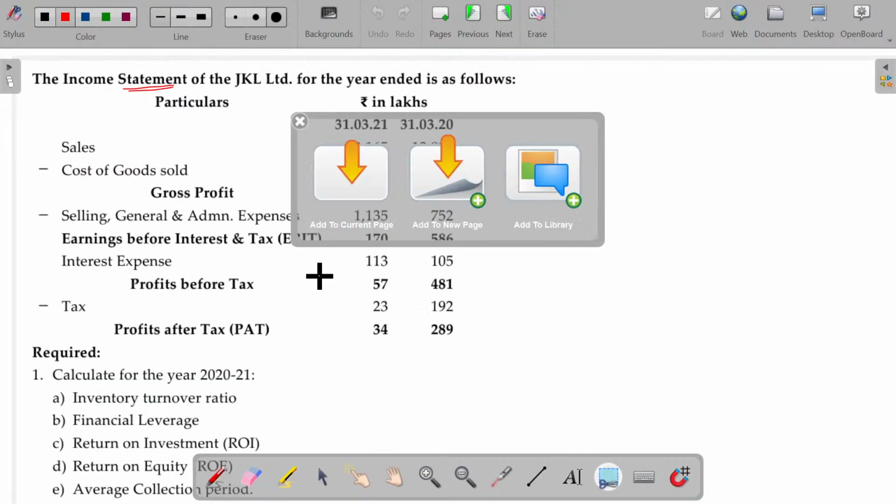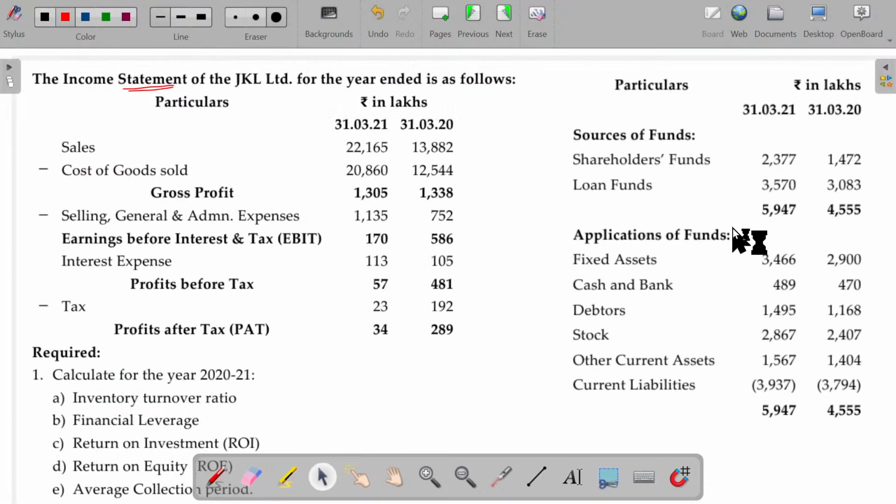So now you have to calculate the ratios asked below.